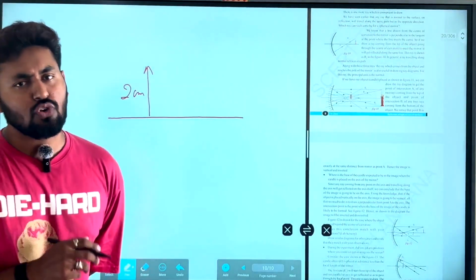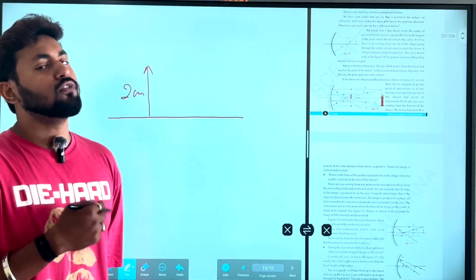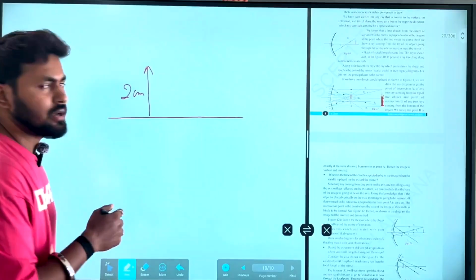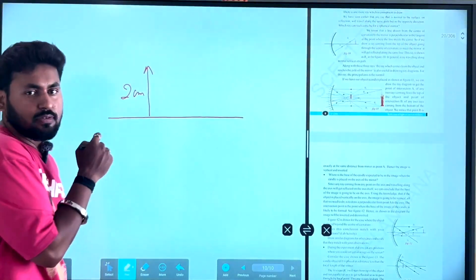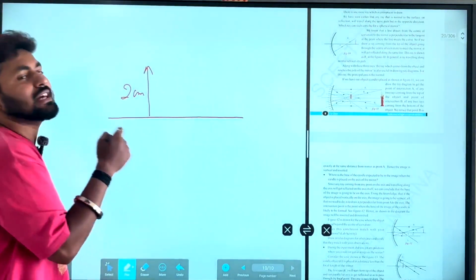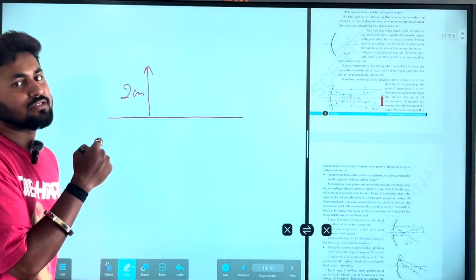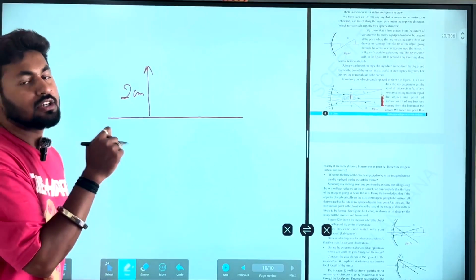Now if the image that is getting formed is not of this size and is smaller than this size, then that is called diminished.